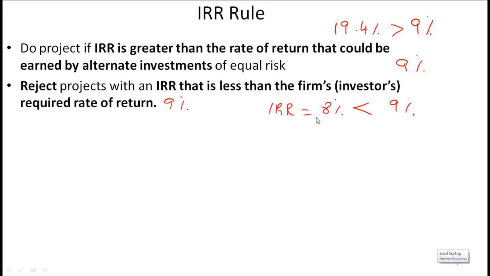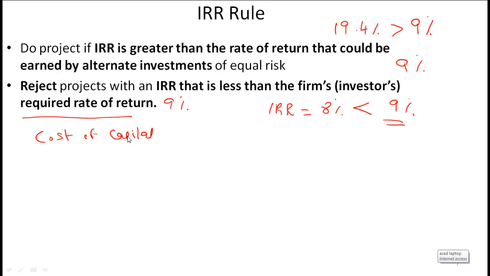This comparison number, you will see it described in different ways. Sometimes it might be described as the rate of return that could be earned by alternative investments of equal risk. Sometimes you will see this as a required rate of return. Sometimes you will see the concept of cost of capital.